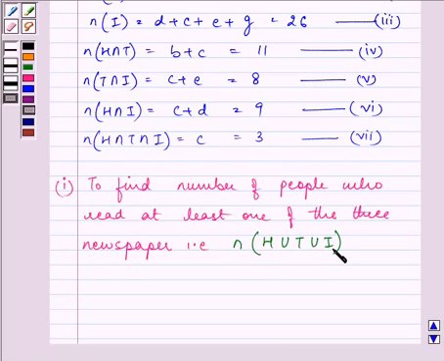So we can find it out with the above region and using one of the formulas that is known to us.